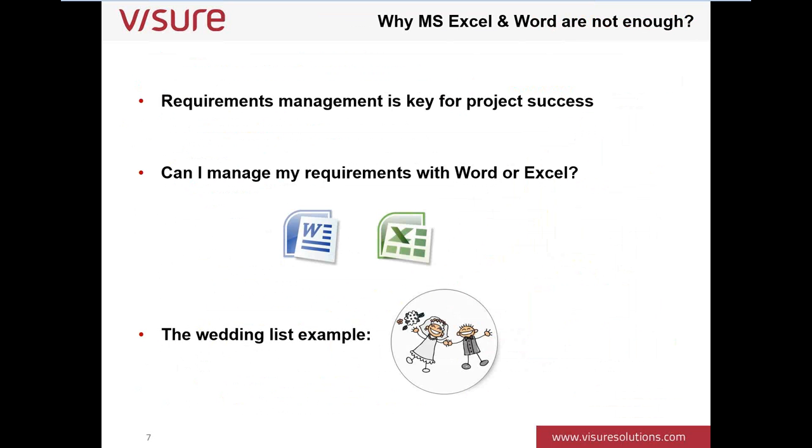In the case of the wedding list, Microsoft Word was not enough, Excel was enough. In the case of requirements, neither Word nor Excel are enough, because we are going to miss a lot of features, a lot of things that will be super helpful when working with requirements.